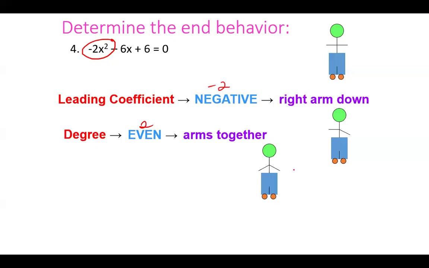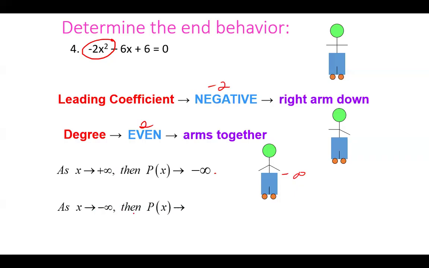So our answer is describing, as x goes to positive infinity, which is heading to the right, what is our hand doing on the right? We're going to negative infinity. And then we're going to go to the left. As x heads to negative infinity, then p of x, so what is my left hand doing?